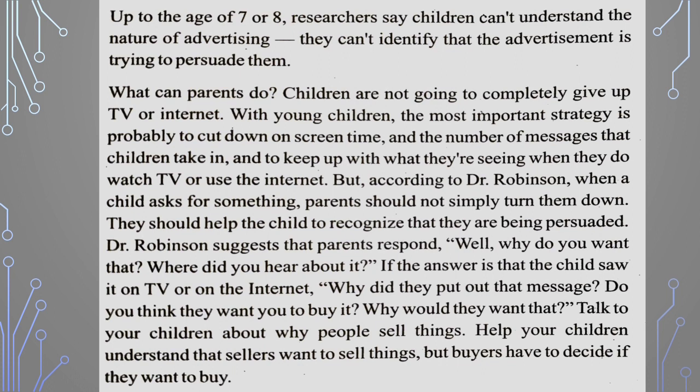So, dear students, the children who are of 7 to 8 years of age, they are easily persuaded by the advertisement which they see on the TV screen or on their mobile phones or laptops, because they don't have the well developed mind to understand the real thing behind the advertisement which they are seeing. So they will be easily persuaded. So in this moment, the parents have to teach them how to get behind the advertisement.